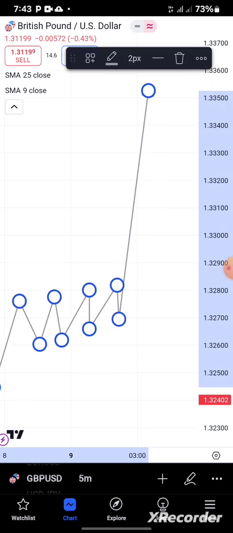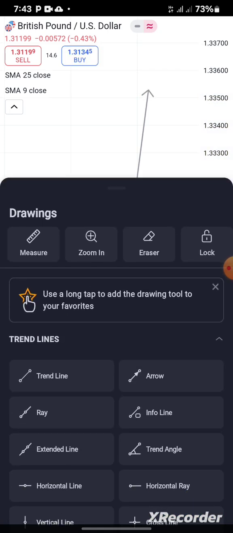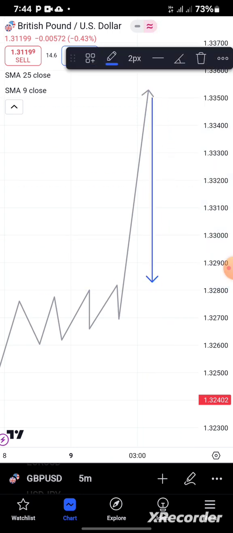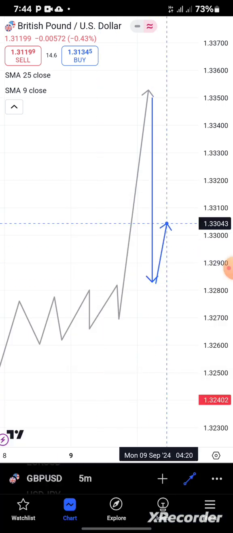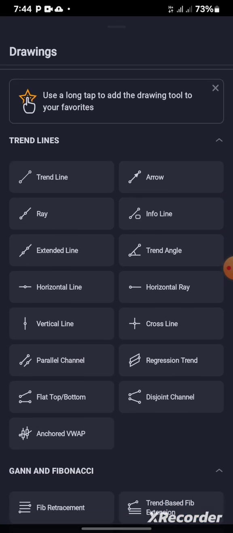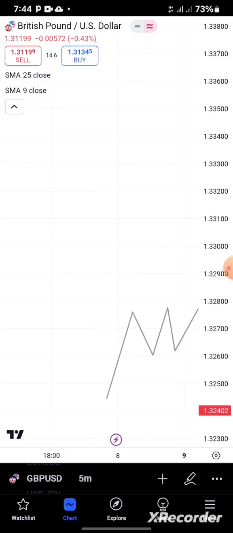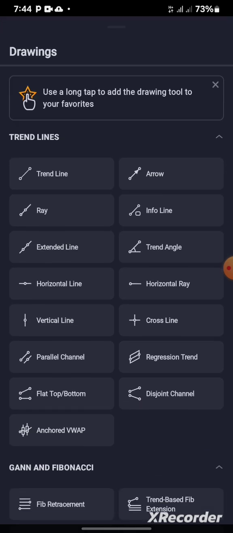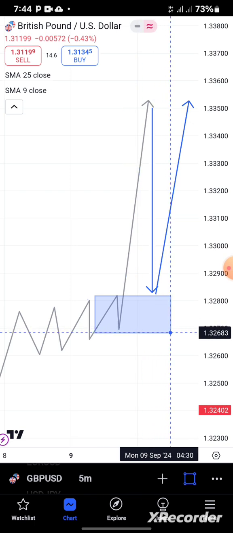Price here is likely to move further down, down to retest this point here, and then moves up. I see in this scenario here, now this becomes our demand zone. This one becomes our demand zone.